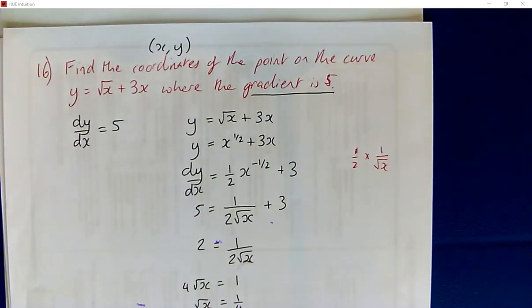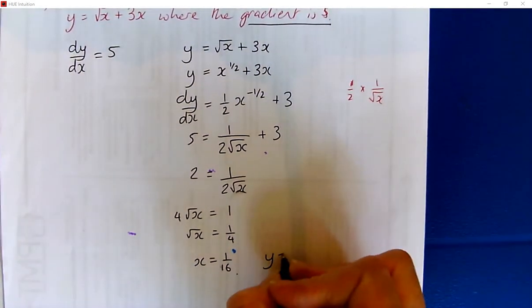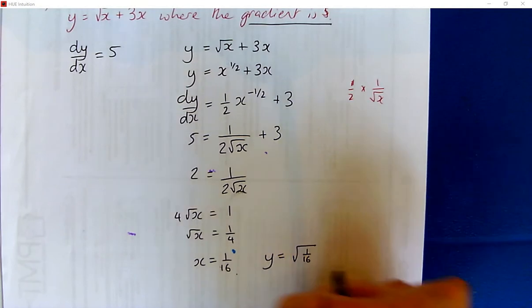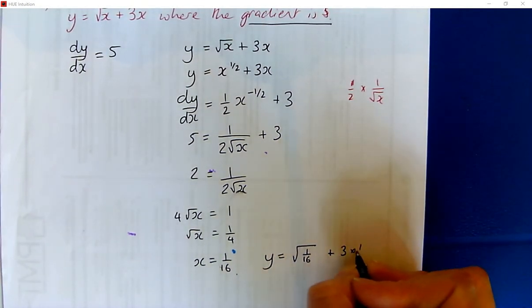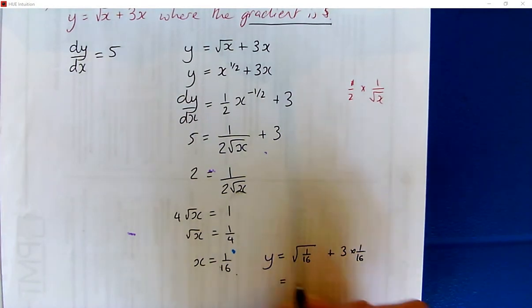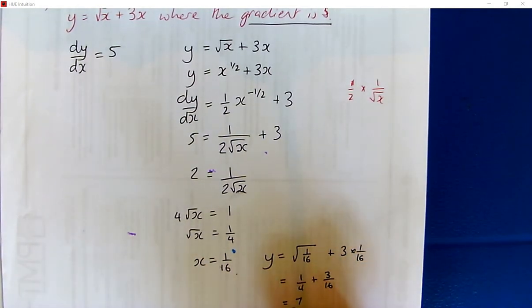So we need to substitute back into root x plus 3x. So root 1/16 plus 3 times 1/16. The root of 1/16 is a quarter, plus 3/16, so that's going to be 7/16.